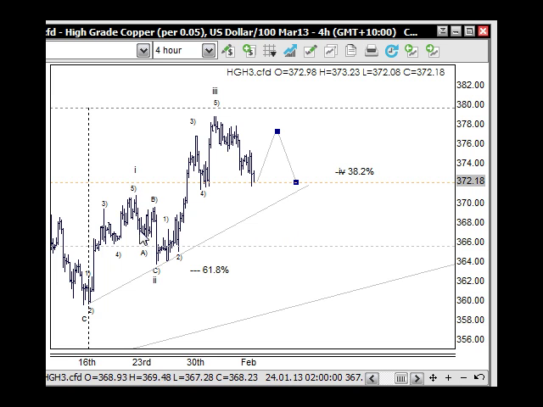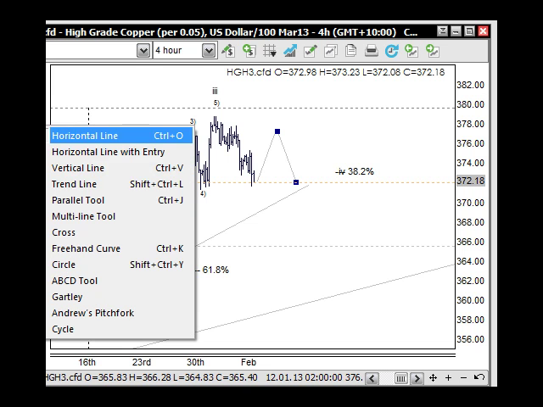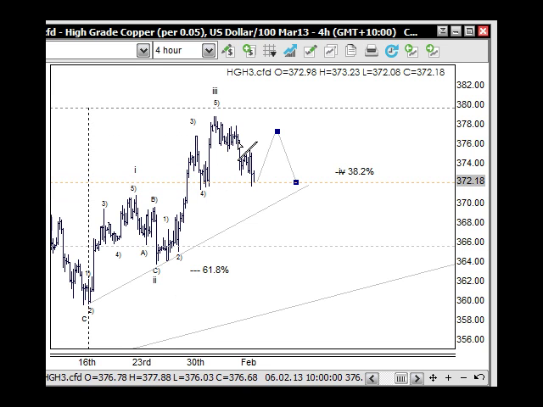If wave 2 is simple as an ABC here, simple and sharp, then the wave 4 tends to be sideways and complex, triangles and those sorts of things. So I was kind of hoping that we would just get this here, but we may get this and this before we see a move up through here.